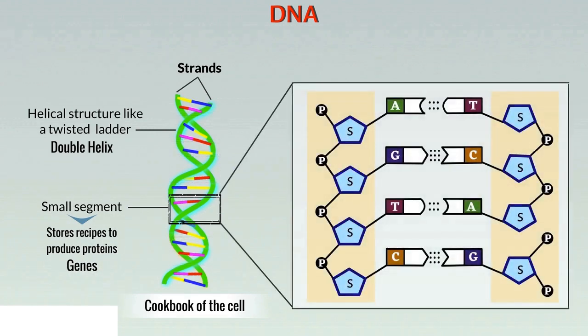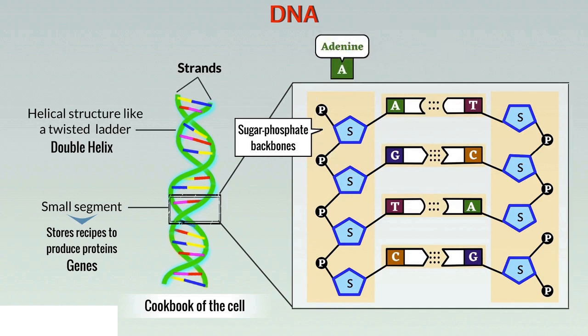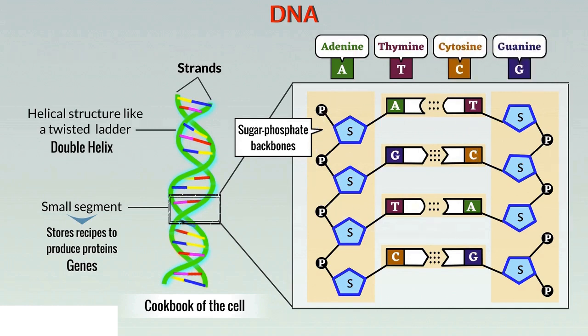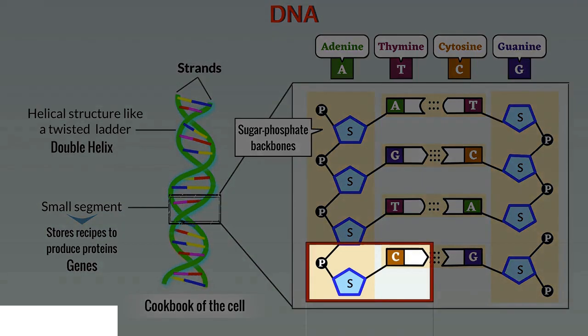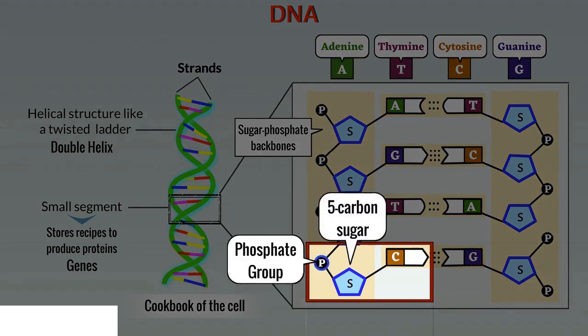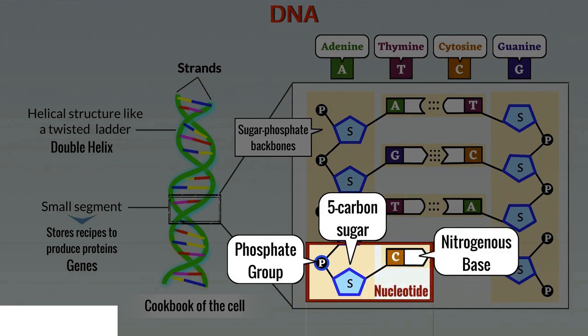It is made up of sugar phosphate backbones with pairs of nitrogenous bases. Adenine always forms a pair with thymine, and likewise cytosine always forms a pair with guanine. The basic structural unit of DNA consists of a phosphate group, a 5-carbon sugar and one of the 4 nitrogenous bases and is called a nucleotide. With this basic knowledge, let's understand the 3 processes.